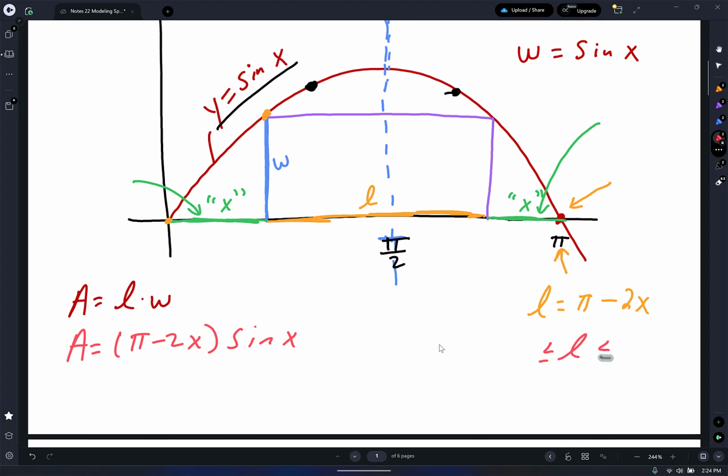Actually, I should say, because there is a restriction, if I'm way over here at these vertices, I have a length of pi, but I don't have any height. Does that make sense? And if I'm right here, then I don't have a length. My length is 0, so I don't have any area anyway.